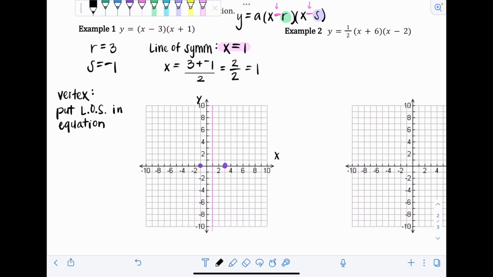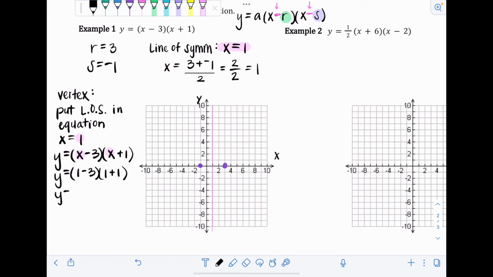So the line of symmetry is x equals 1. So the equation itself is y equals x minus 3 times x plus 1. I'm going to take that 1 and put it in for both x's. So it would be y equals 1 minus 3 times 1 plus 1.